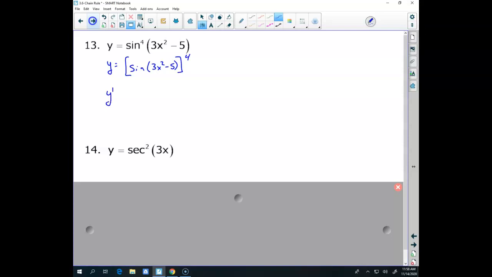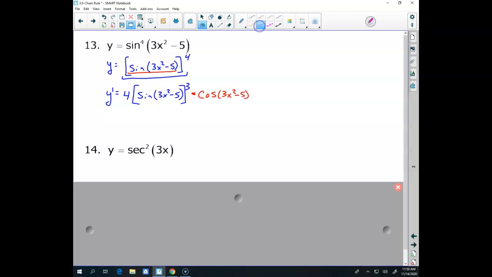So y prime equals the derivative of my outermost function. That's going to be 4 times sine 3x squared minus 5, and that whole sine function is now going to be cubed. Then I'm going to move to my next inside function, and that's going to be times the derivative of sine, which is cosine of the h of x function left inside of it.